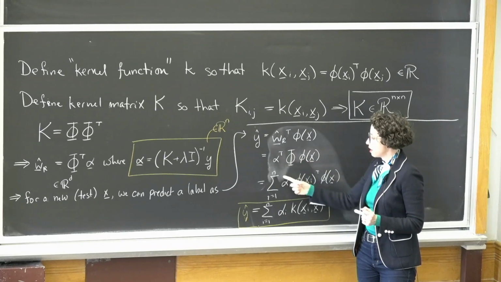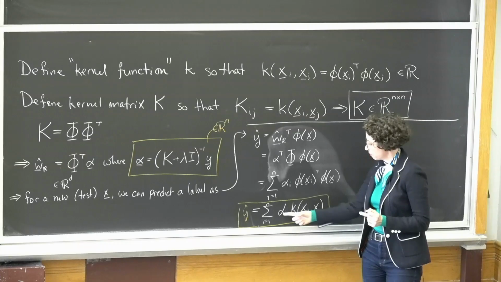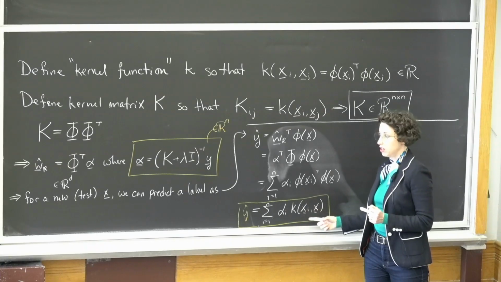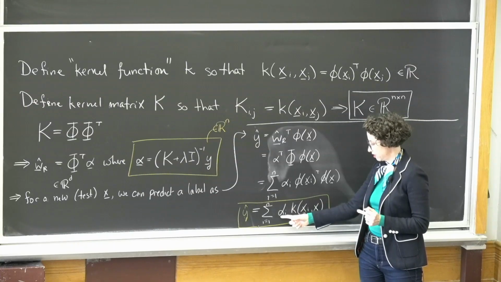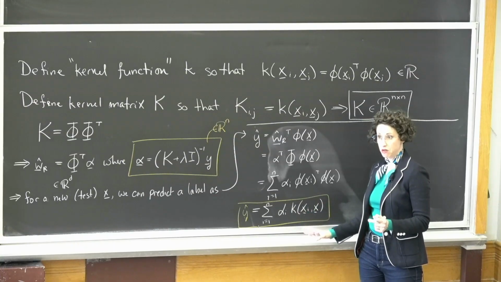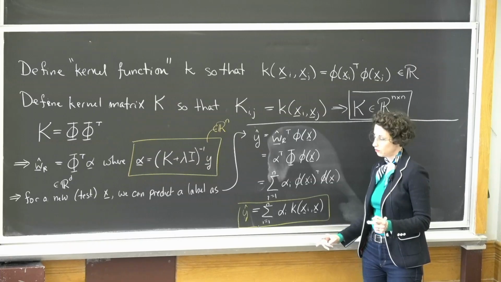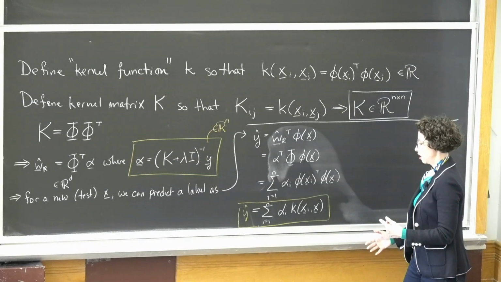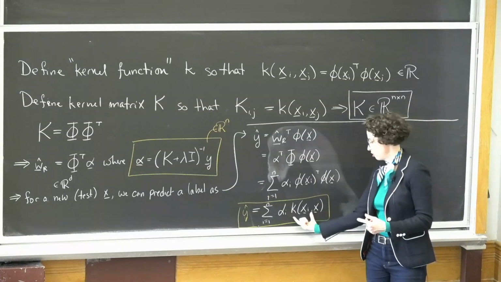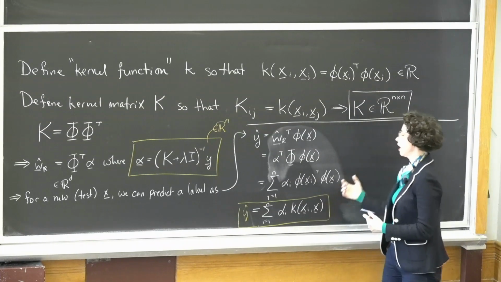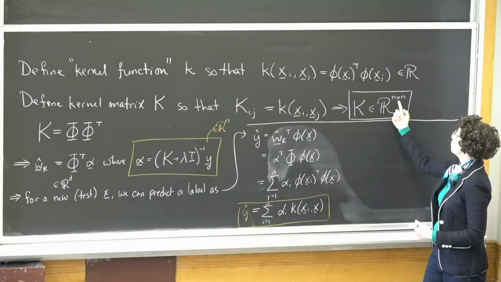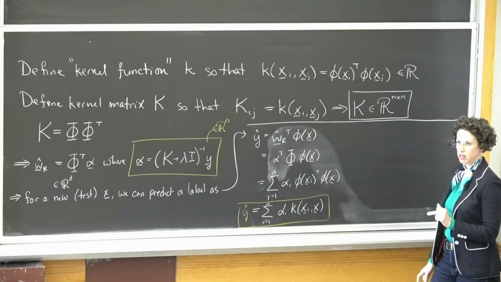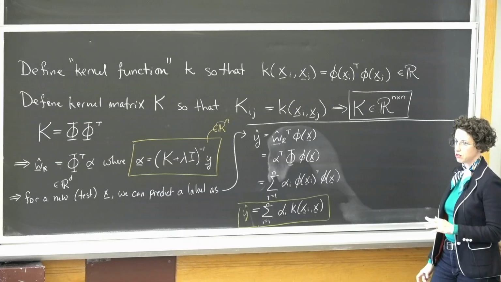But when I actually map out what that would look like, I never explicitly have to compute that weight vector. As soon as I've got the alphas, I'm good. There's nothing more that I need to do. So all my computations are based on computing the kernel function and looking at similarities between pairs of feature vectors using the kernel function. Does that answer your question?